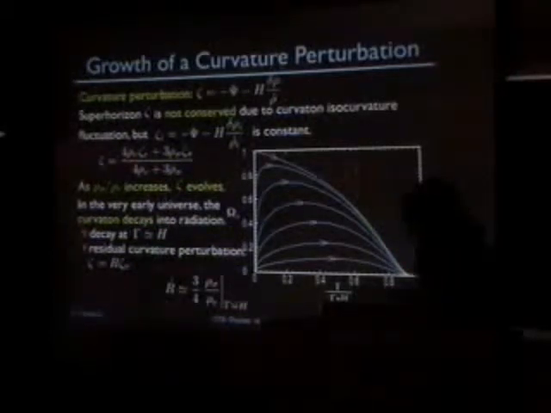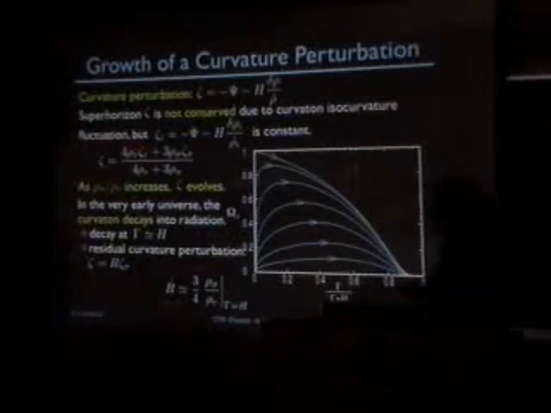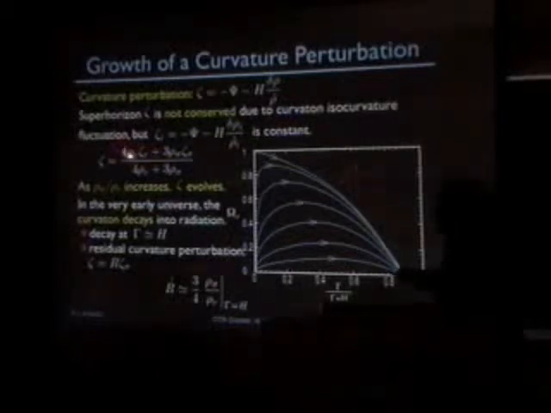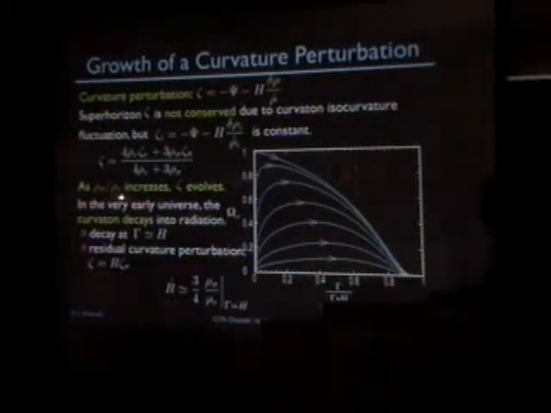And that means that the total curvature perturbation evolves. Initially, it's equal to the curvature perturbation in the radiation, because rho r is much, much bigger than rho sigma. But as rho sigma grows relative to rho r, it will approach the value of the curvaton curvature perturbation. So as this ratio changes, zeta evolves.